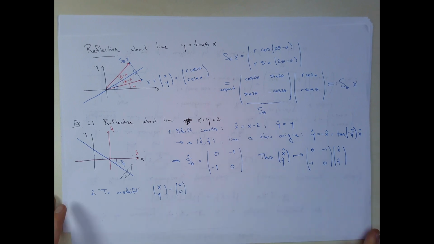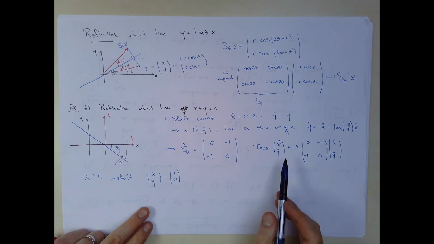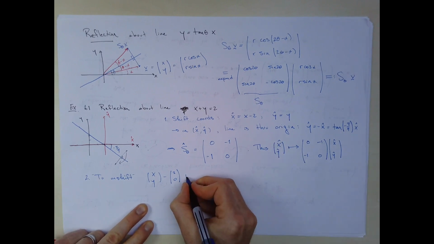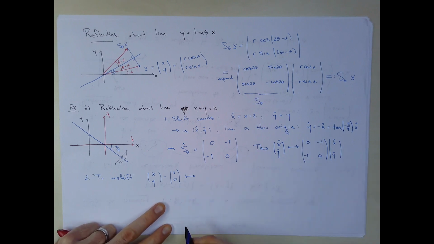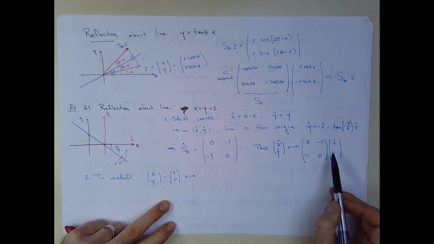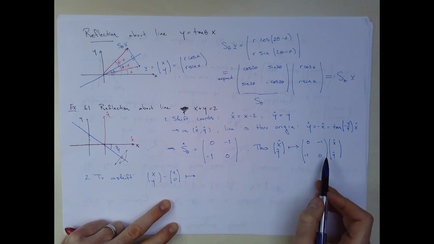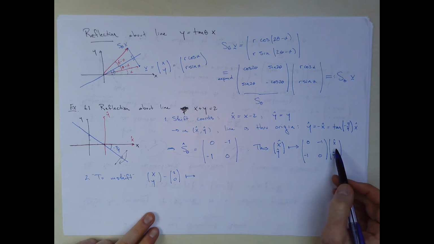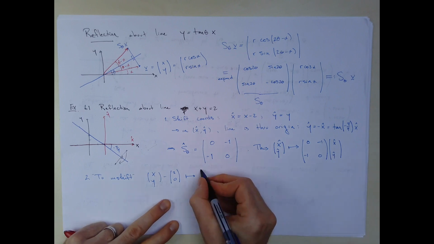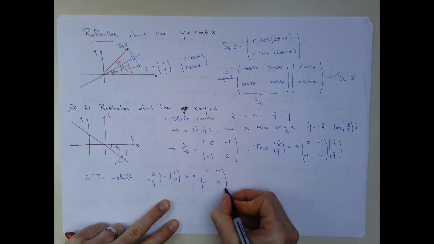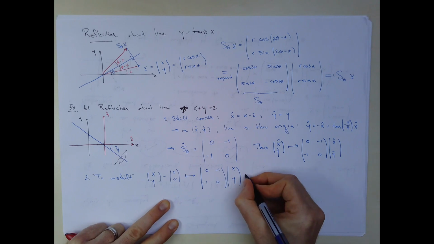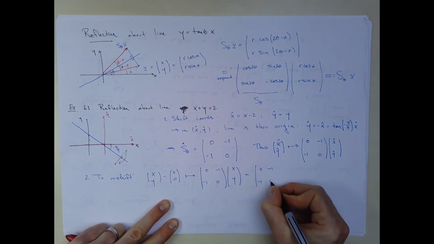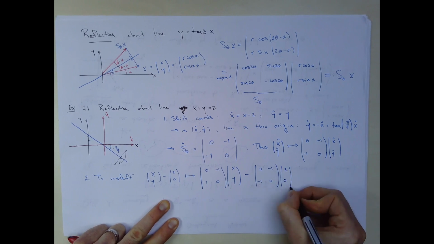So we could say that (x, y) minus (2, 0) maps to, that's the left-hand side, this matrix times x hat, y hat, which is the same as that matrix times (x, y) minus (2, 0). And matrix multiplication times a sum, I can expand. So that's 0, minus 1, minus 1, 0, times (x, y), minus 0, minus 1, minus 1, 0, times (2, 0).